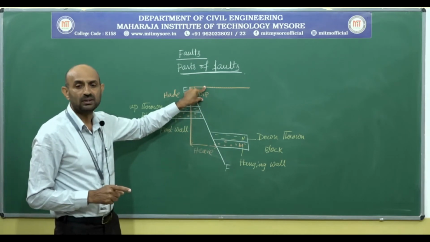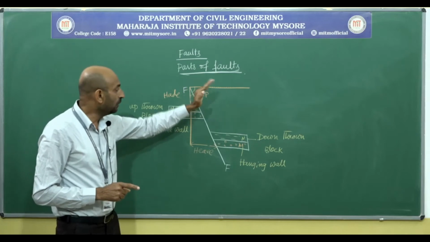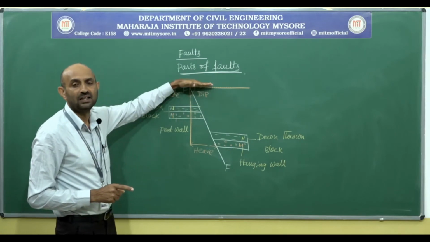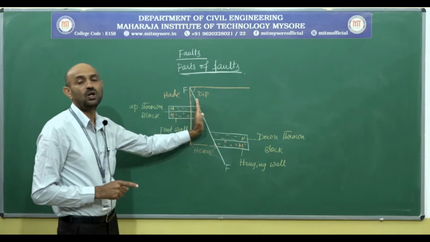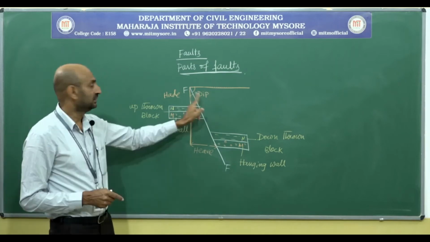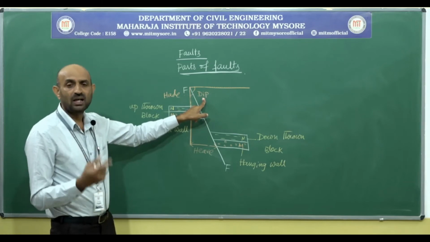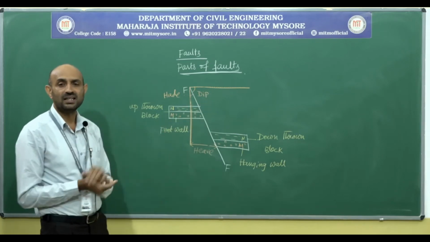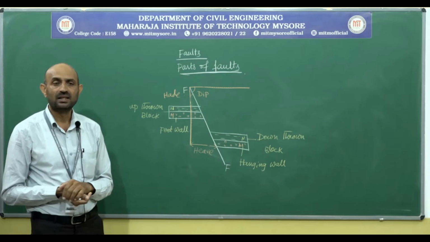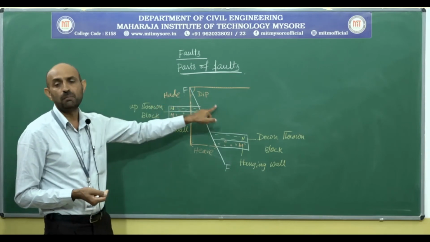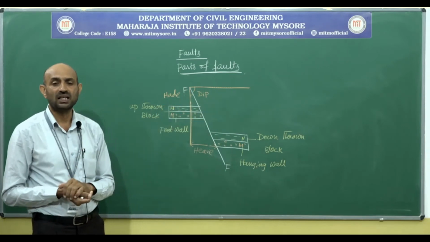What is dip? The angle between the horizontal and the fault plane is called as dip. This head and this dip together become 90 degrees, which means head plus dip equals 90 degrees.